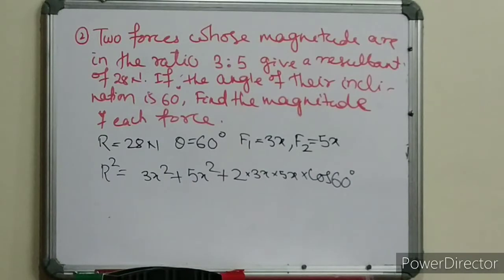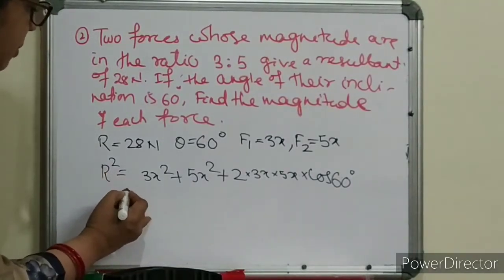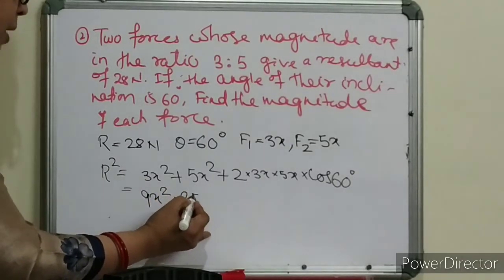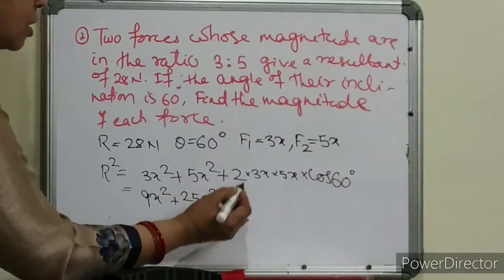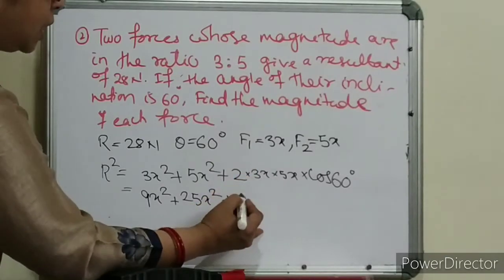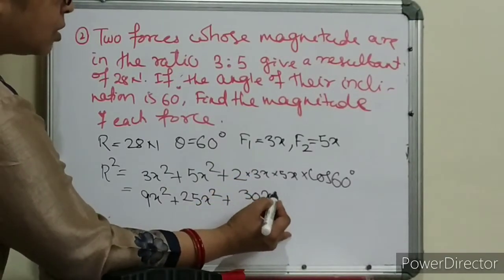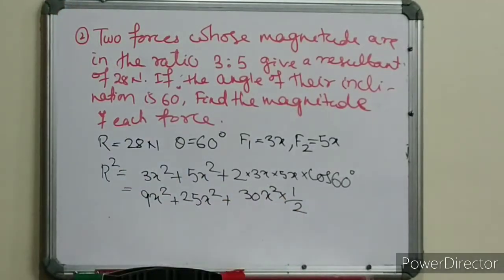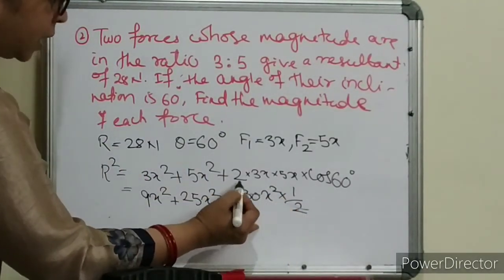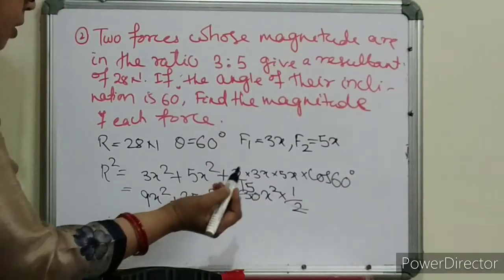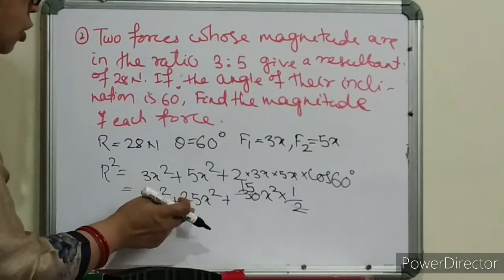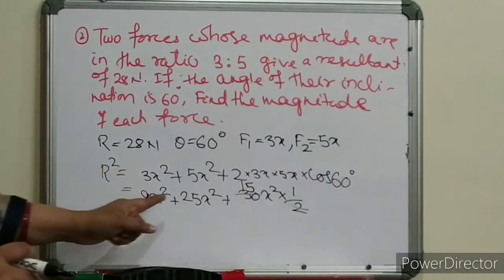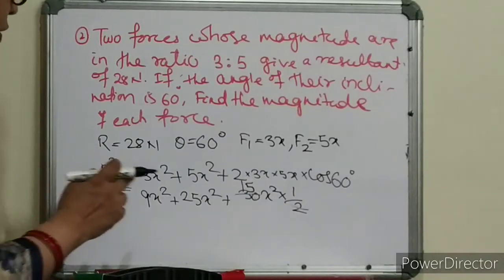That is your half. So R square will be 9x square plus 25x square plus 2 into 30x square into half. 2 cancels, it is 15x square. So 9 plus 25 plus 15 is 49x square.